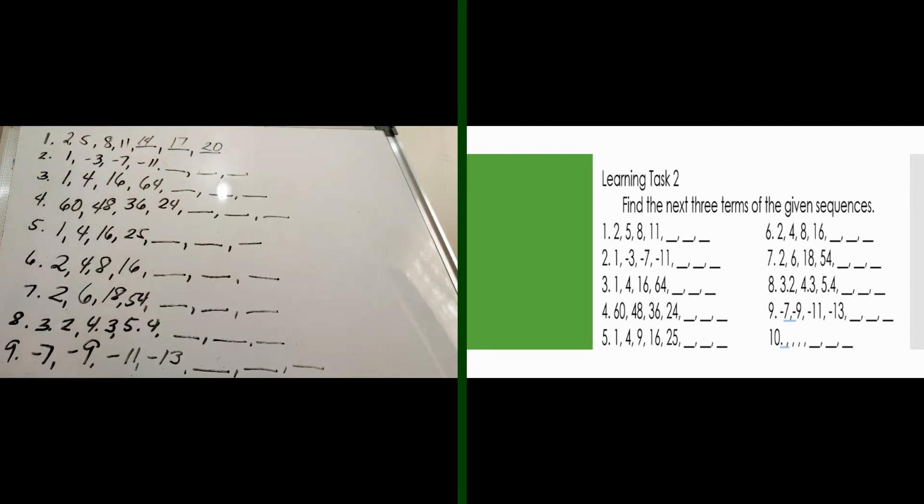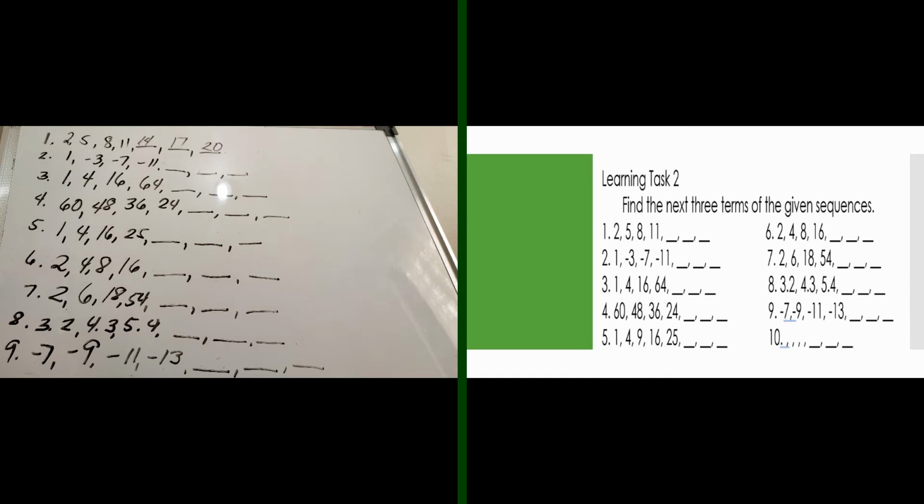Okay? Now let's have number 2. For number 2 we have 1, negative 3, negative 7, negative 11. So in here we're going to have negative 3 minus 1, or a sub 2 minus a sub 1, which is negative 4. Now let's have a sub 3 minus a sub 2, which is negative 7 minus negative 3.